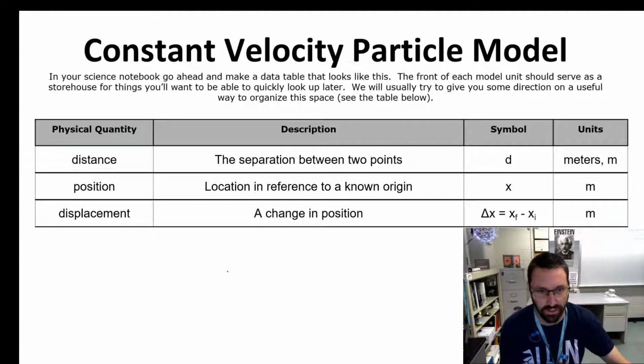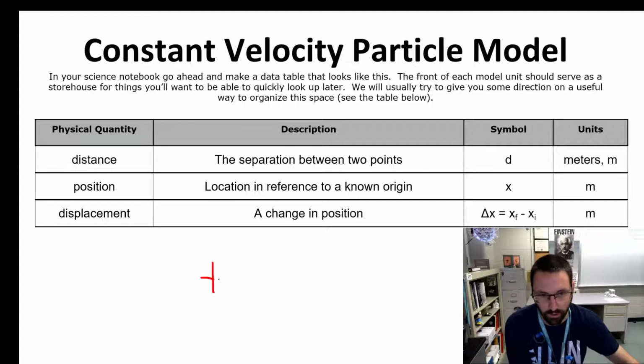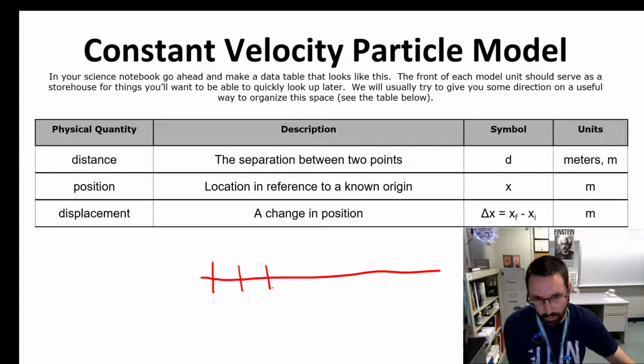For us to get a little understanding of how these three things work in relation to each other, I'm going to go ahead and draw in a little number line here and give us an origin and some positions on here. So let's say this is my origin, which means this would be 1, 2, and 3, or I could change them by whatever I wanted to count by. -1, -2, -3.